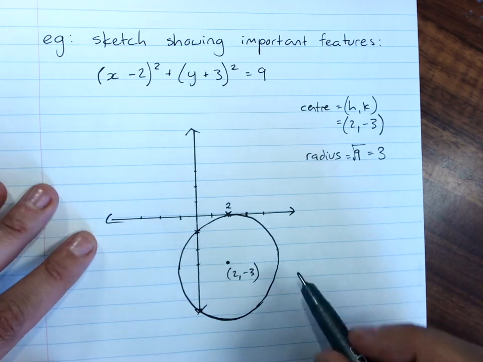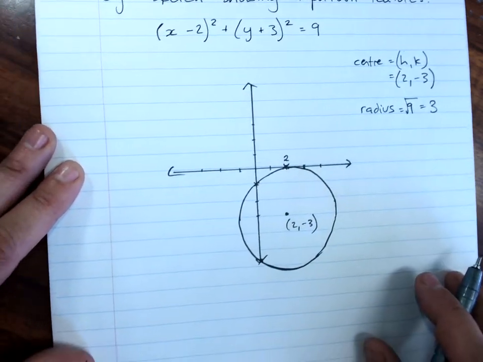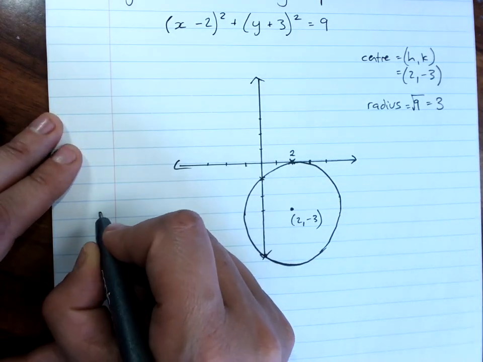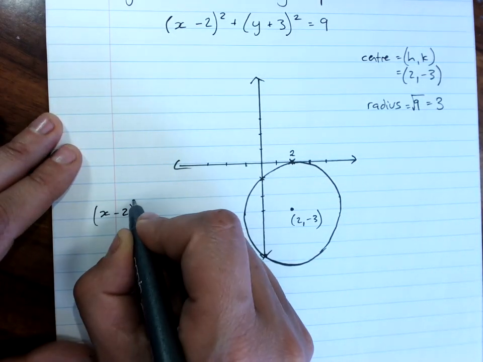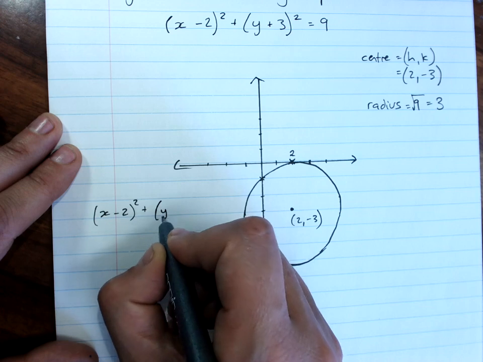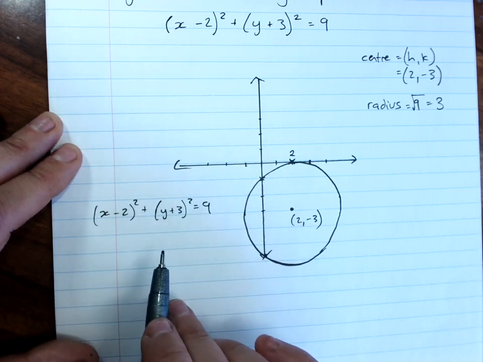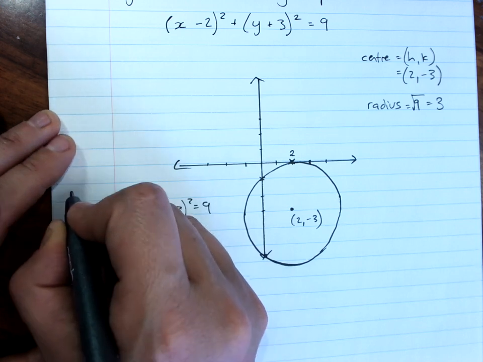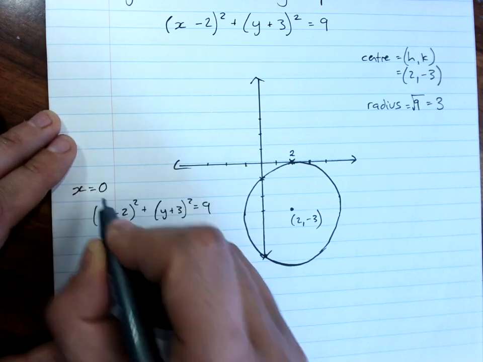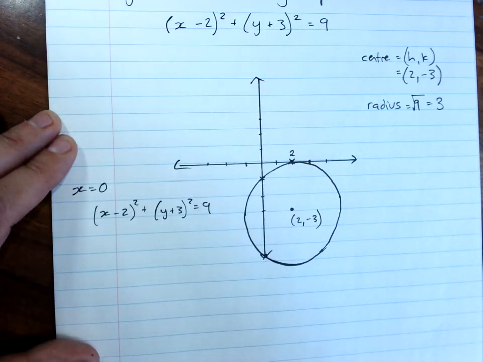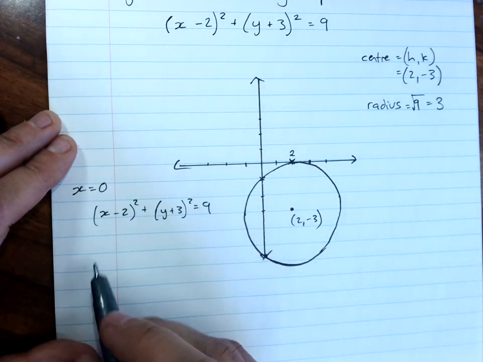You'd go back to the rule of your graph, and you'll solve for x equals 0 because you want your y-intercepts. Did I say x-intercepts before? I'm sorry. You want your y-intercepts.